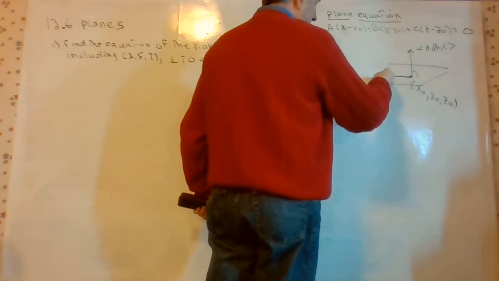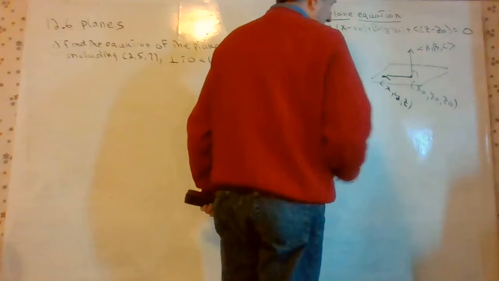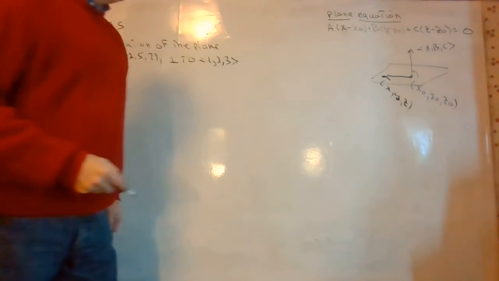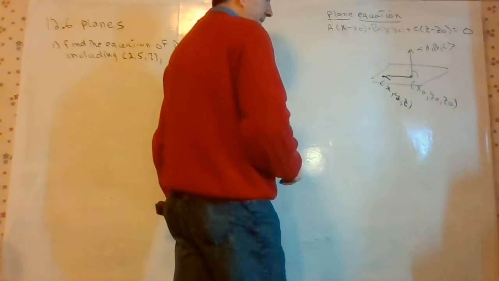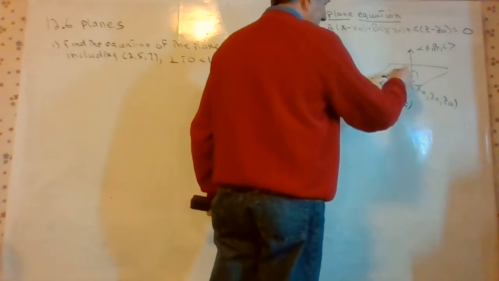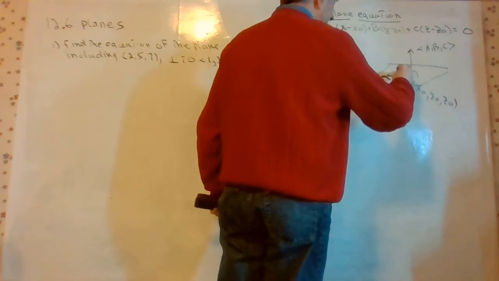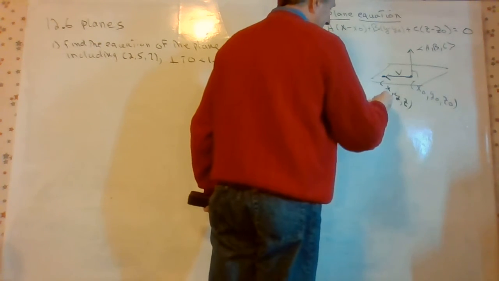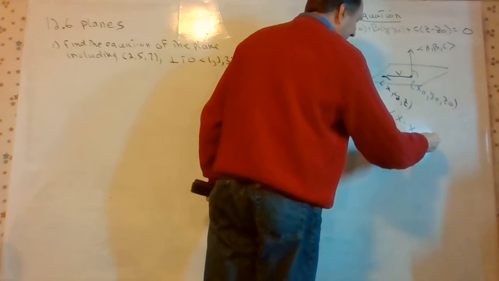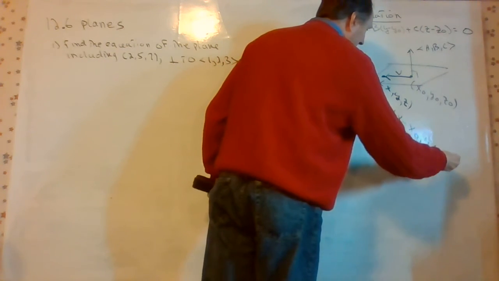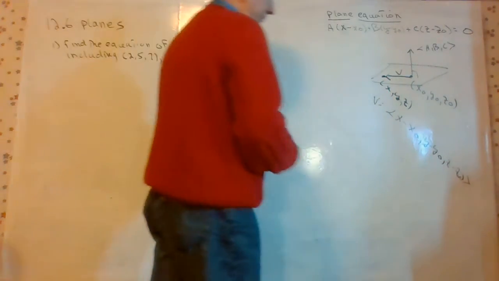You can pick some point x, y, z in the plane, and then it turns out this vector, let's just call this vector v, that's x minus x0, y minus y0, z minus z0.